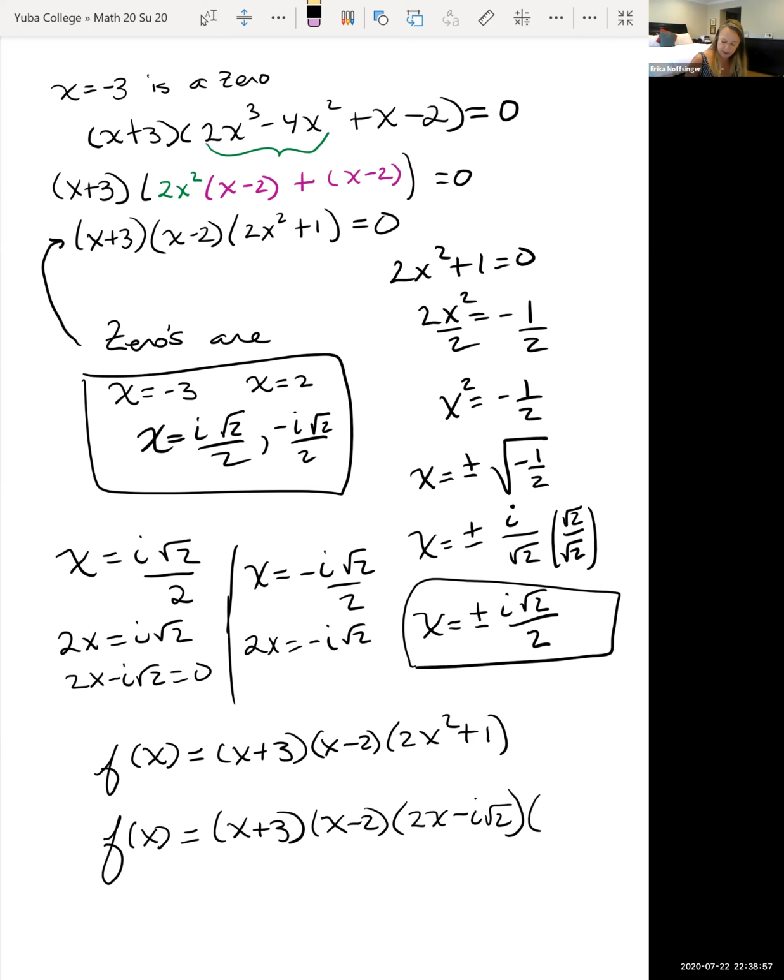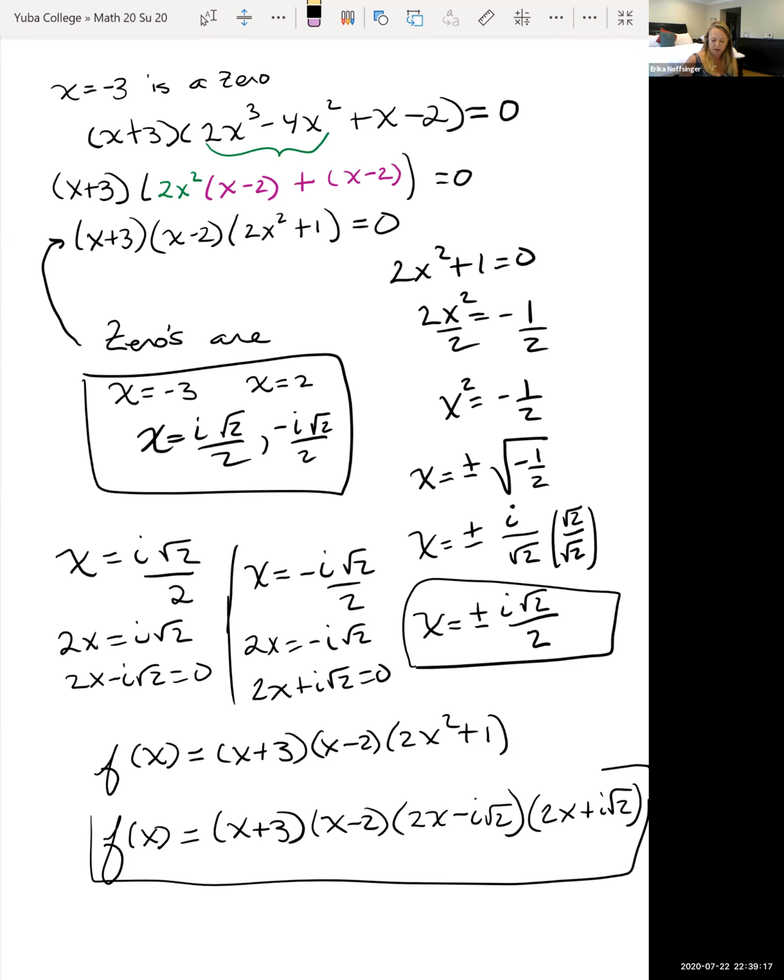Add i root 2 to both sides, set it equal to 0. We get 2x plus i root 2 equals 0. So that factor would be 2x plus i root 2. So here is that function f of x in terms of a product of all linear factors.